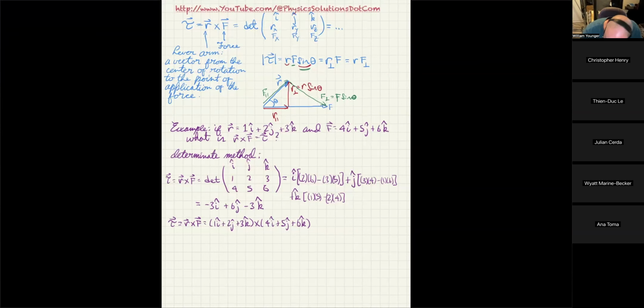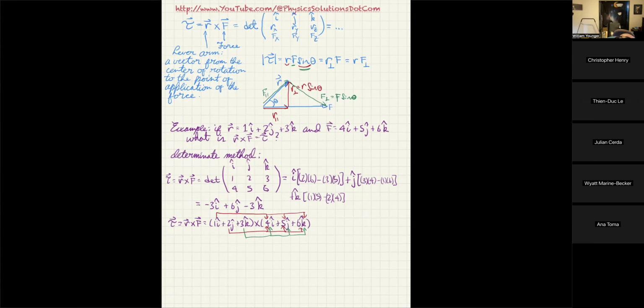I am going to take 1 i hat and cross it with 4 i hat, and then cross it with 5 j hat, and then with 6 k hat. Then I'm going to do the same thing with 2 j hat, crossing it with 4 i hat, then with 5 j hat, and then with 6 k hat. And then I am going to take the 3 k hat and cross it with 4 i hat, 5 j hat, and 6 k hat.